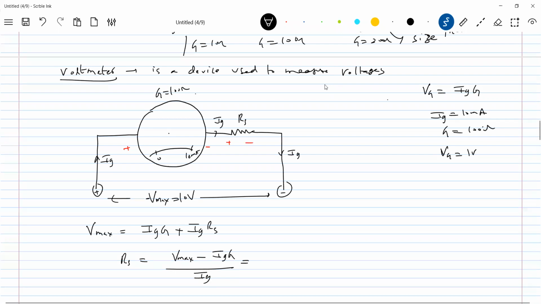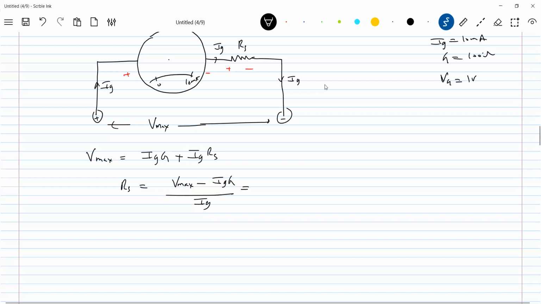I want to construct a voltmeter of range 10 volt. I'll come later to this. So let me start here. First, I want to measure any voltage from 0 to 10 volt, not only 10 volt, 0 to 10 volt. So I'll substitute in the formula.